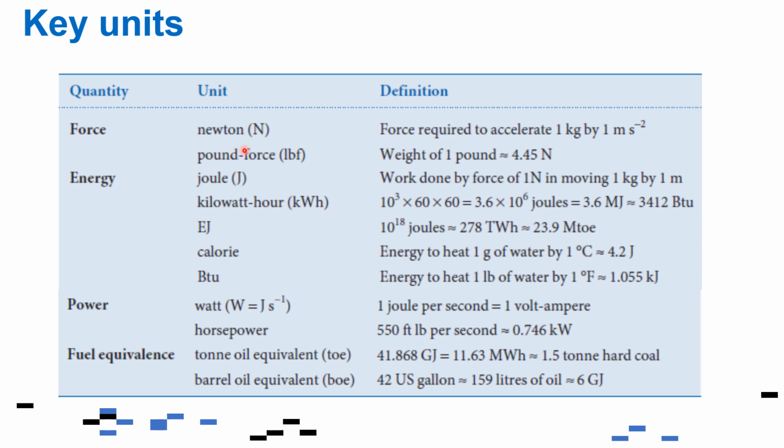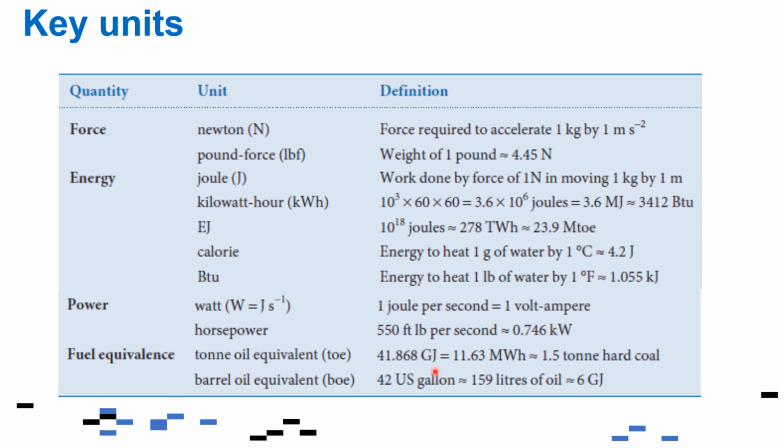For force, the unit is Newton, or in English form, pound force. But usually we use Newton here. Energy is in terms of joule, and for electrical energy, we use kilowatt hour or megawatt hour. Power is in terms of watt. Sometimes we use horsepower as well. And these are some of the conversions as well.